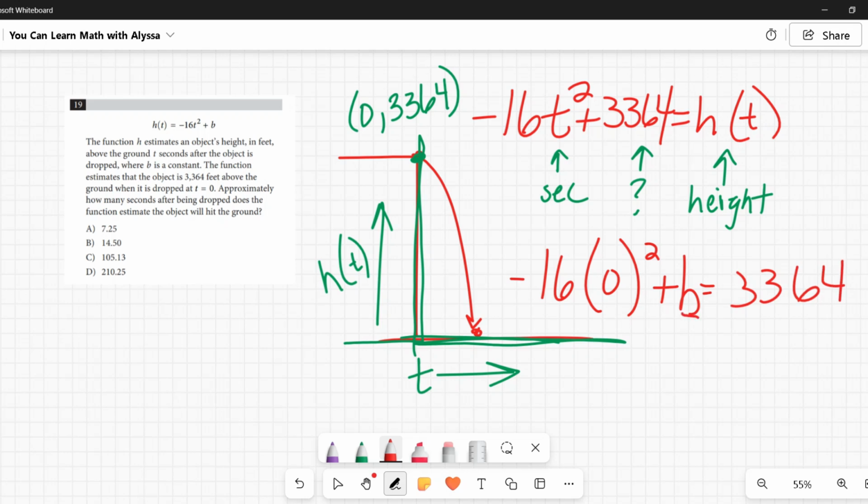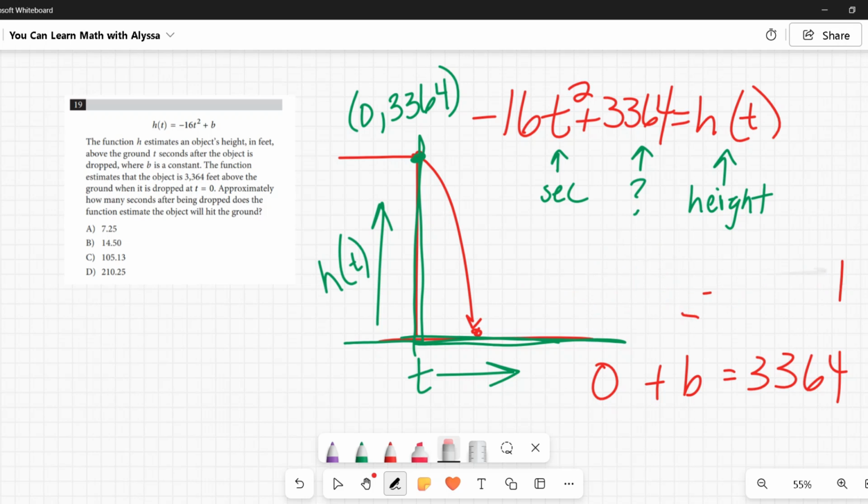And then you just solve that. This is going to 0 out. It's going to be 0 plus b equals 3,364. So b is 3,364. Either way, it gets you to the fact that b is 3,364.